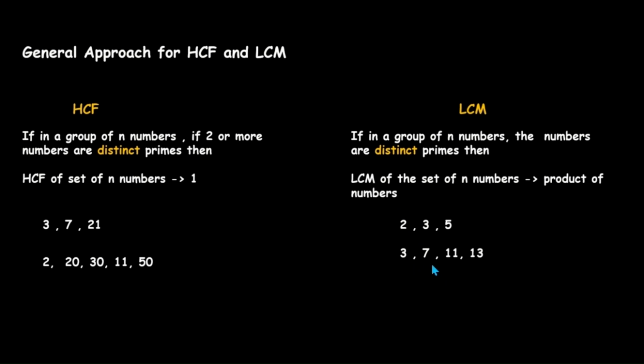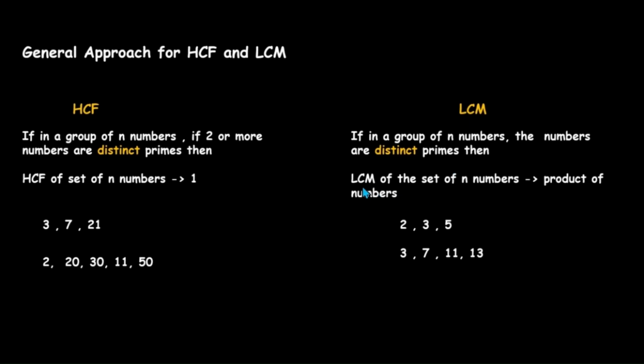All of them are distinct primes or different primes. So the LCM of this set of numbers would also be the product of the numbers, 3 into 7 into 11 into 13. So we can have more numbers also. We can take any number of numbers as long as all of them are distinct primes.